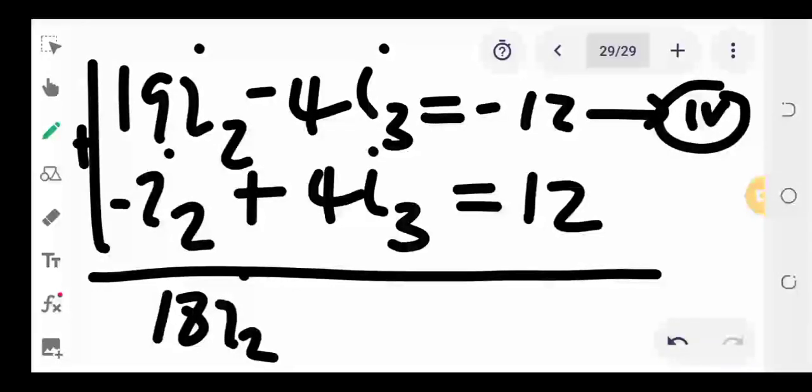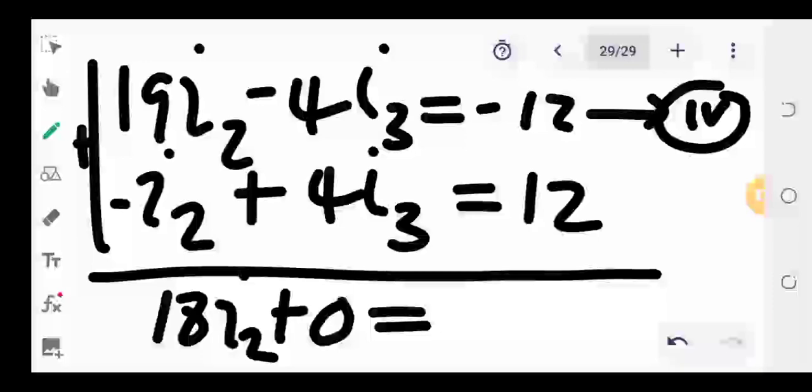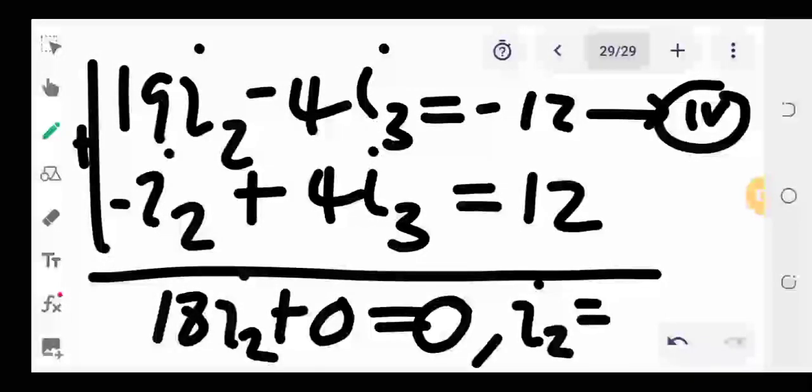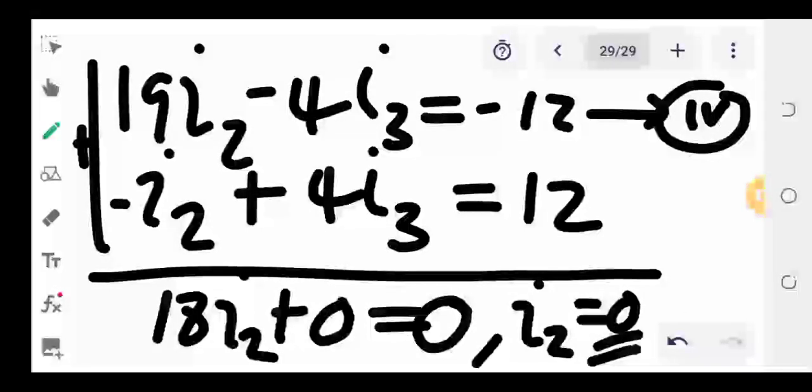Negative 4 I3 plus 4 I3 gives 0. This is equal to negative 12 plus 12, which is 0. So my I2 is equal to 0. The value of I2 there is 0.